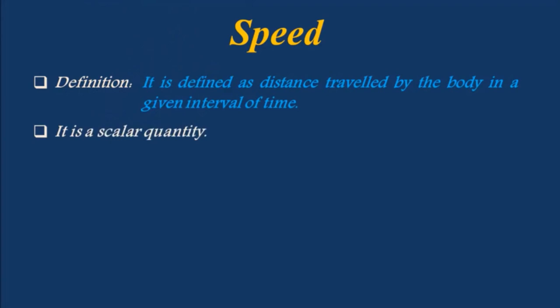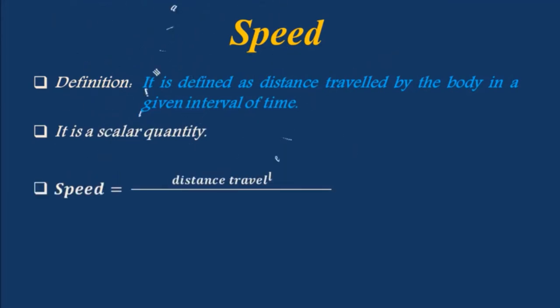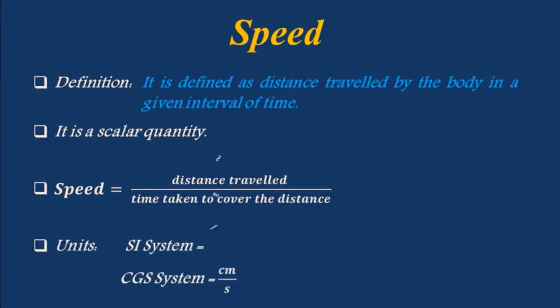Speed equals distance travelled divided by time taken to cover the distance. Observe carefully. Total distance travelled by time taken to cover the distance. Units. SI unit is meter per second, and in the CGS system the unit is centimeter per second.